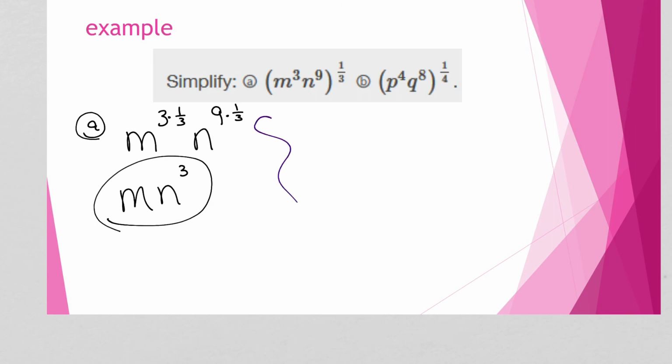All right, let's look at part B. So I've got p to the 4th power times 1/4, and then I've got q to the 8th times 1/4. And so that's the same thing as p to the 1st power q squared.